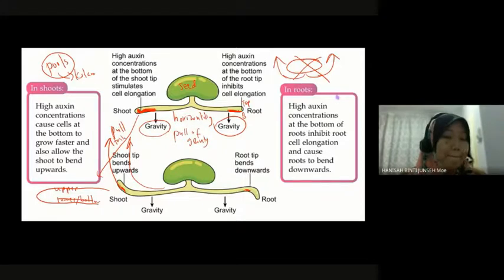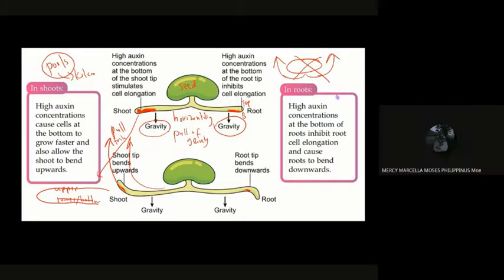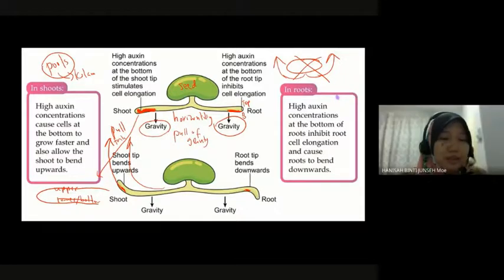Boleh? Boleh. Okay. Now, ada mau respon lagi? Okay. Now that tadi kita bilang high auxin concentration kan. Lepas tu barulah kita pergi. So this is what we call geotropism. The shoot shows a negative geotropism sebab dia tidak ikut gravity, it goes against the pull of the gravity.